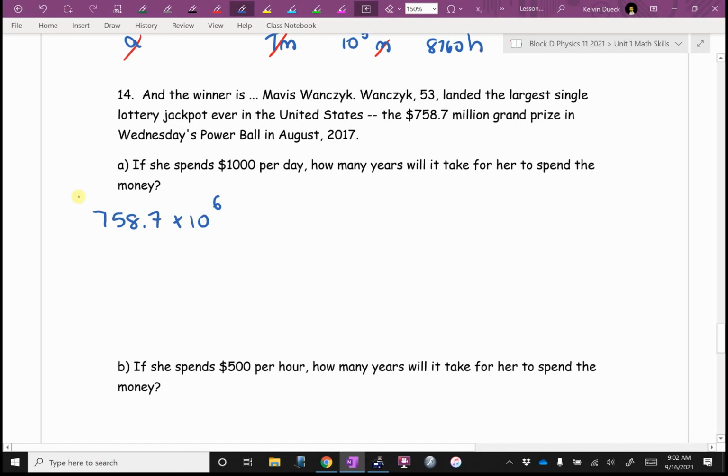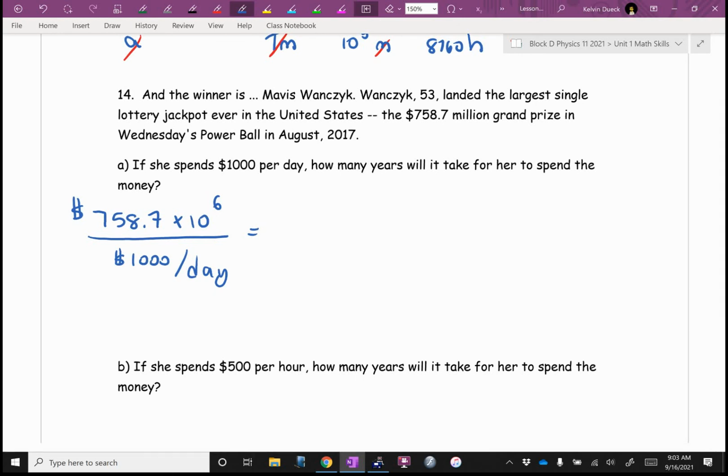Now that's the amount of money. How much does she want to spend per day? Okay, we're going to divide this by $1,000 per day. That'll tell me how many days. So on your calculator, divide that by 1,000, please.